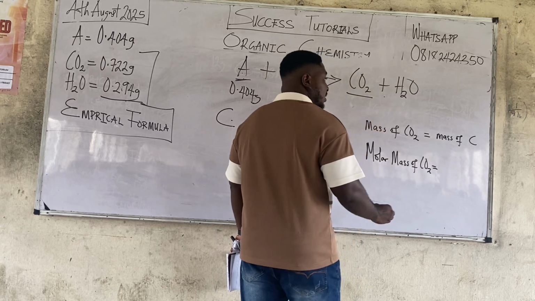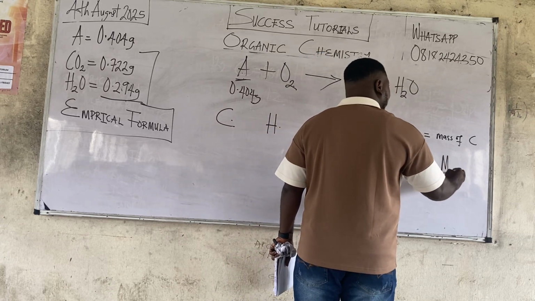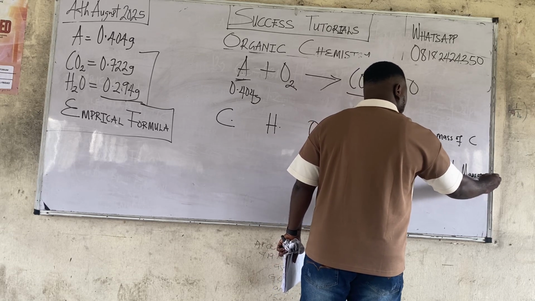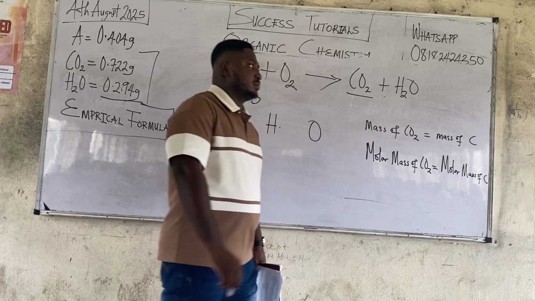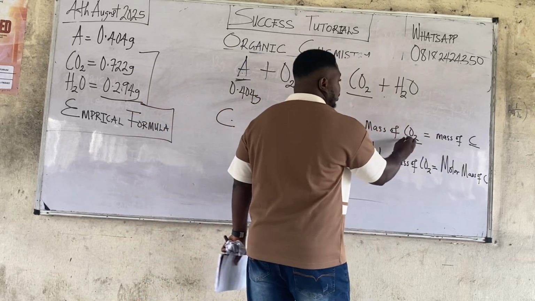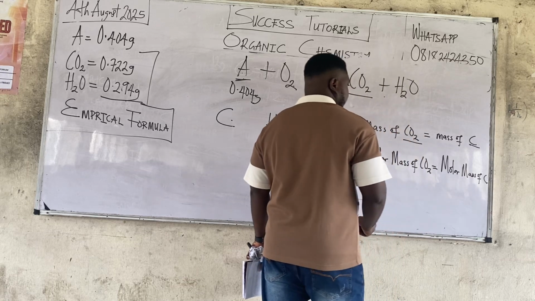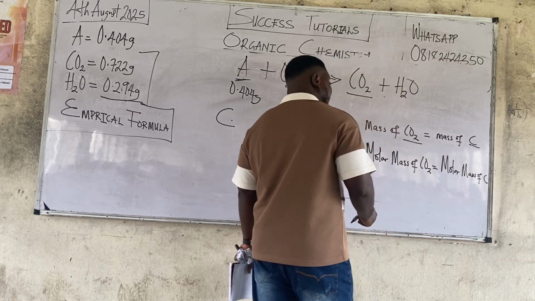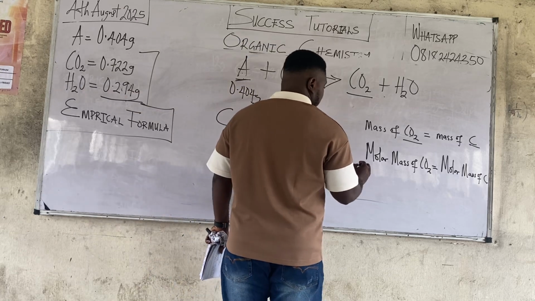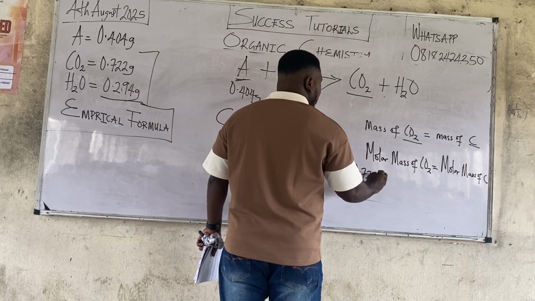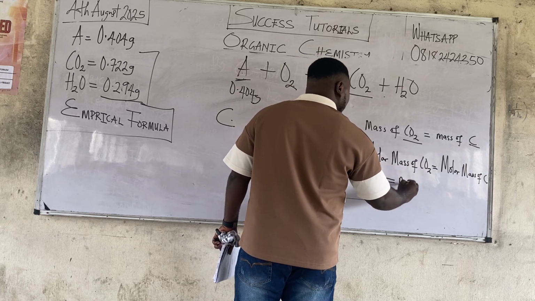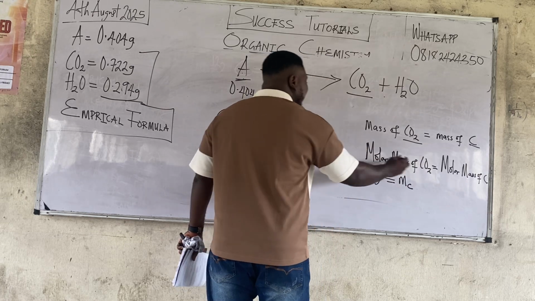Yes. And the molar mass of carbon, can it be obtained? Our carbon must be gotten from CO2. Class, what is the mass of CO2 from the organic compound? 0.722 grams of CO2 is equated to what mass of carbon? We don't know.